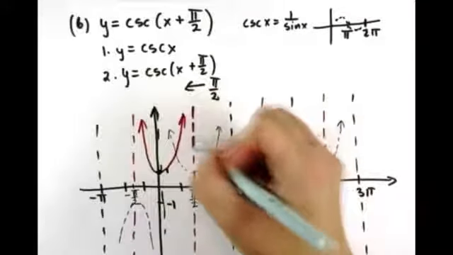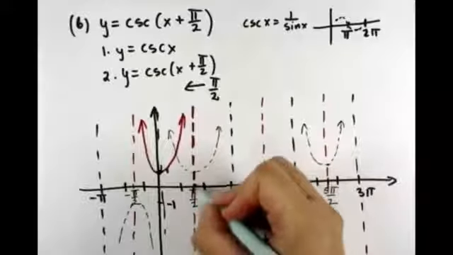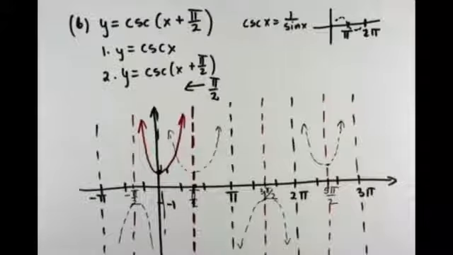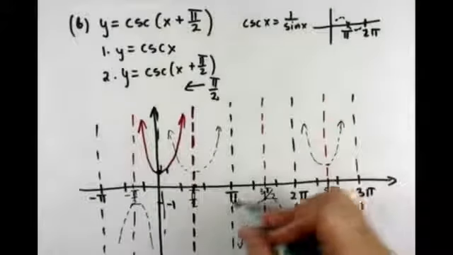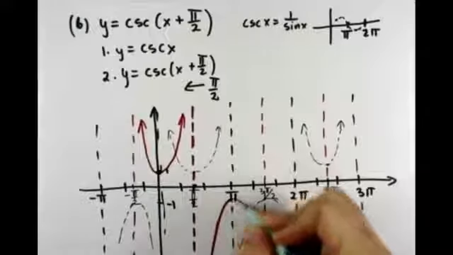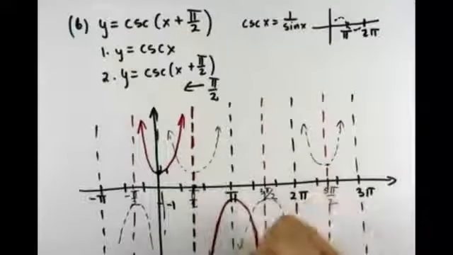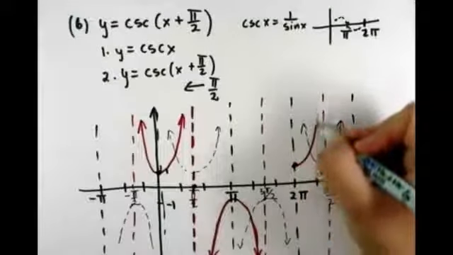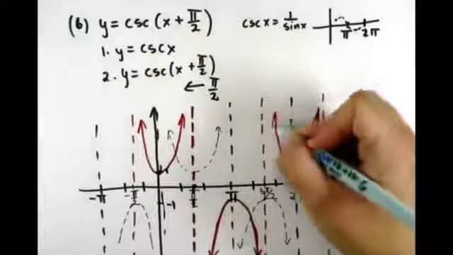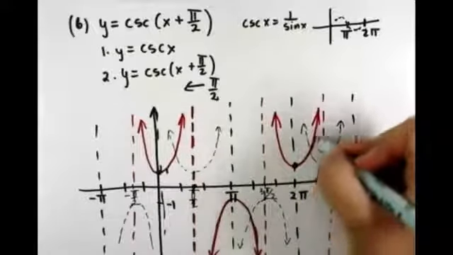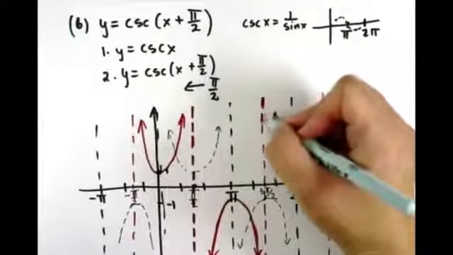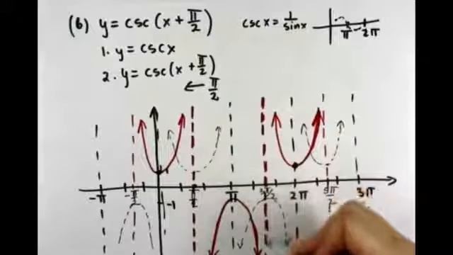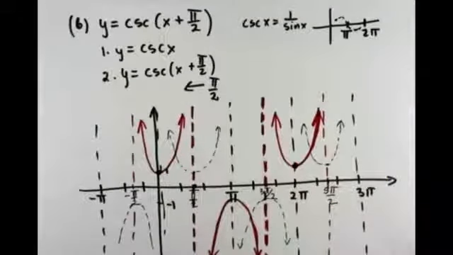So that's nothing else but secant, because cosecant shifted half pi to the left is nothing else but secant. So this is moved to the left pi over 2, and this one is moved pi over 2 to the left. Okay. Trying to bold it so we can see this nicely.